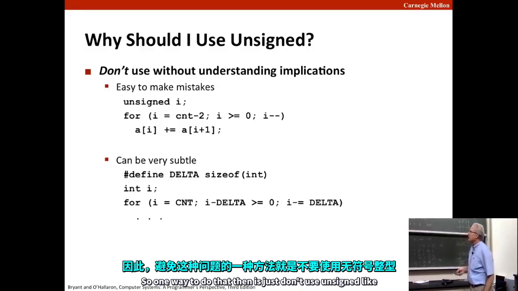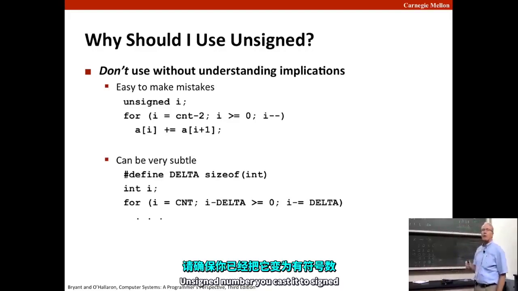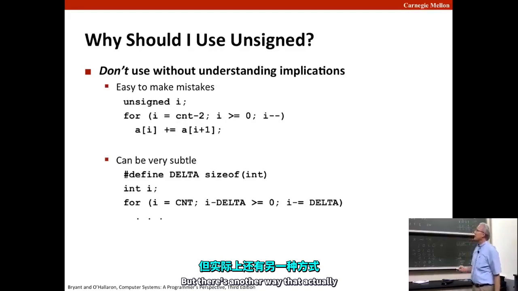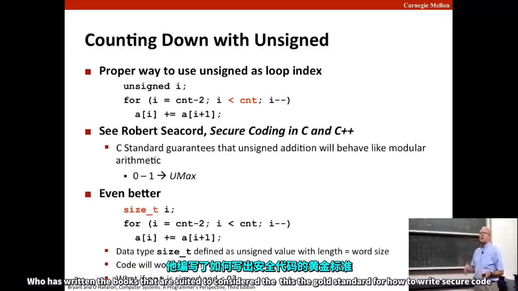So one way to handle that is just don't use unsigned, and if this is a possibly unsigned number, make sure you cast it to signed, so that it is recognized as signed. But there's another way. There's a fellow over at the Software Engineering Institute named Robert Seacord, who has written the books that are considered the gold standard for how to write secure code.